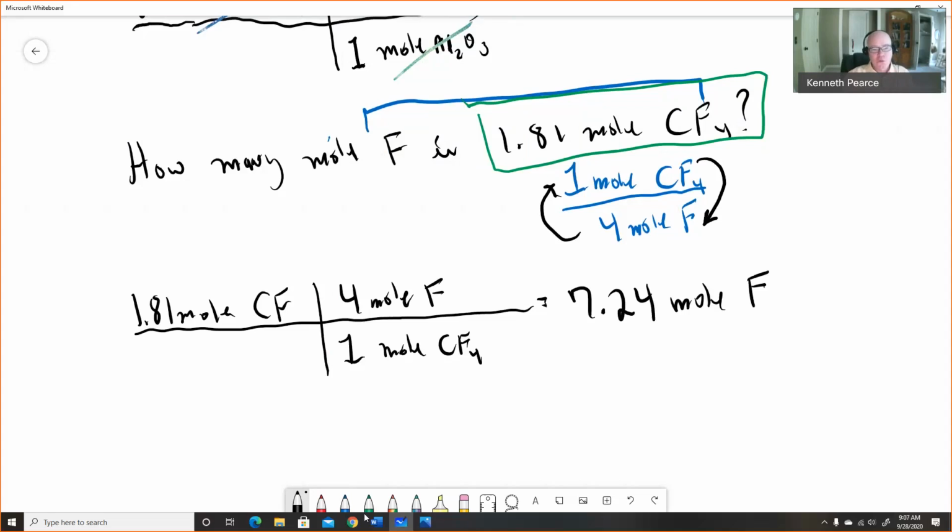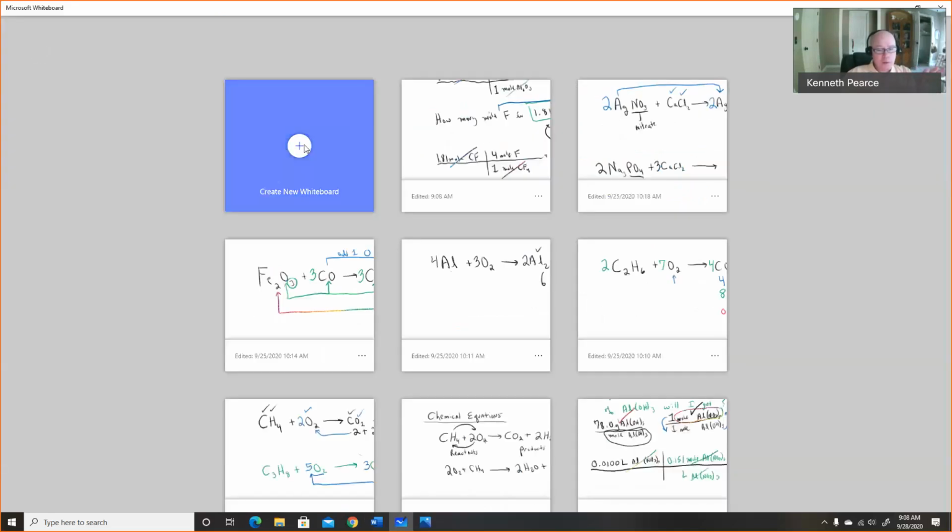There are 2 different kinds of moles up there, and if you don't have them labeled with moles fluorine or mole CF4, if you just have 4 mole or 1 mole, you've got a 50-50 chance of putting it down right, and that's not good odds. So make sure that everything matches, meaning that units cancel. That's how you do mole ratio with a molecule.